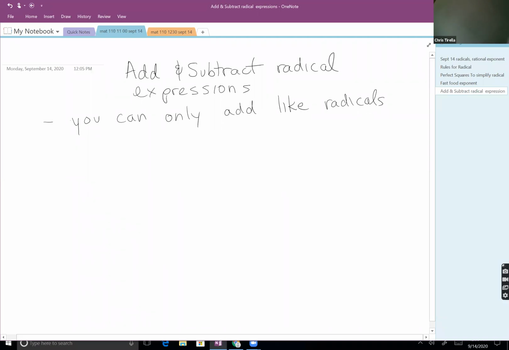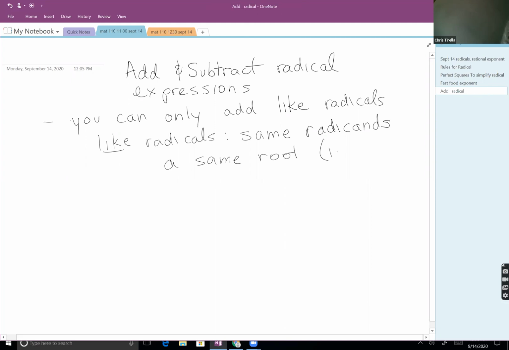And like radicals are going to have the same radicands, the same thing underneath, in the same root. And we'll find later the idea of the same root is going to be referred to as the index.